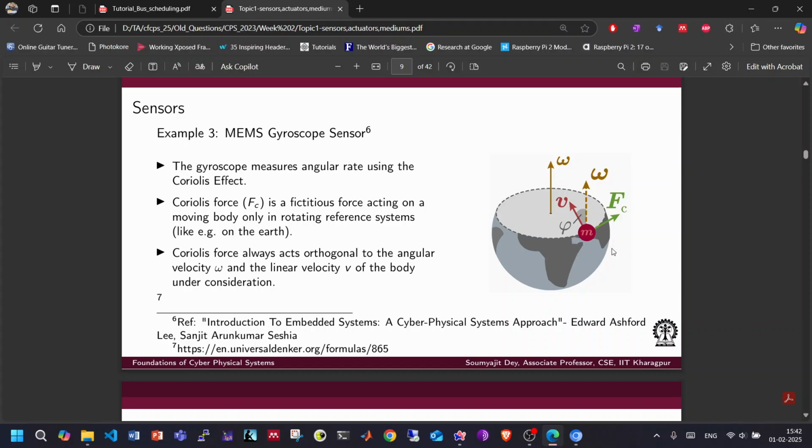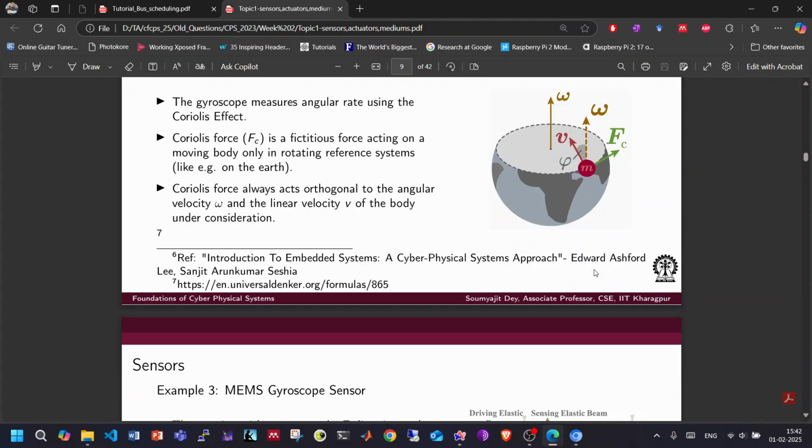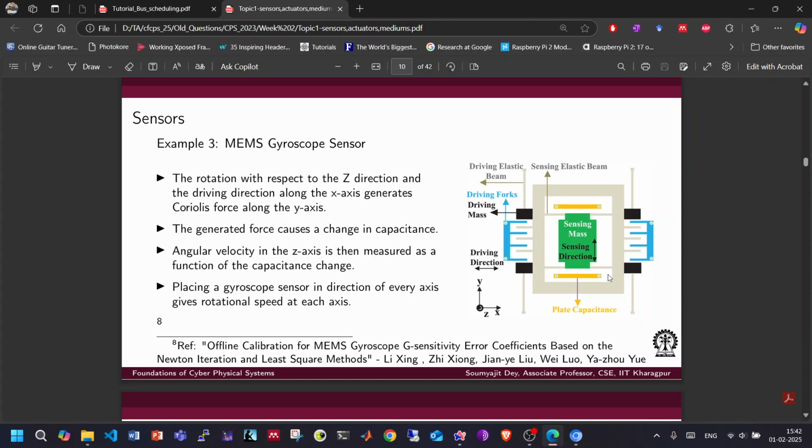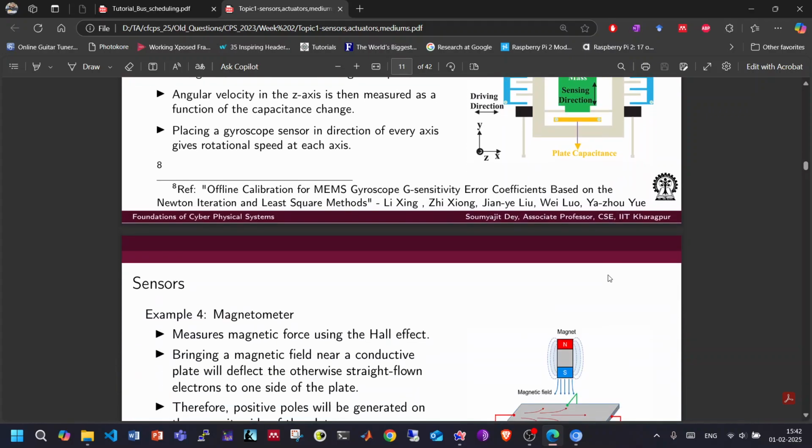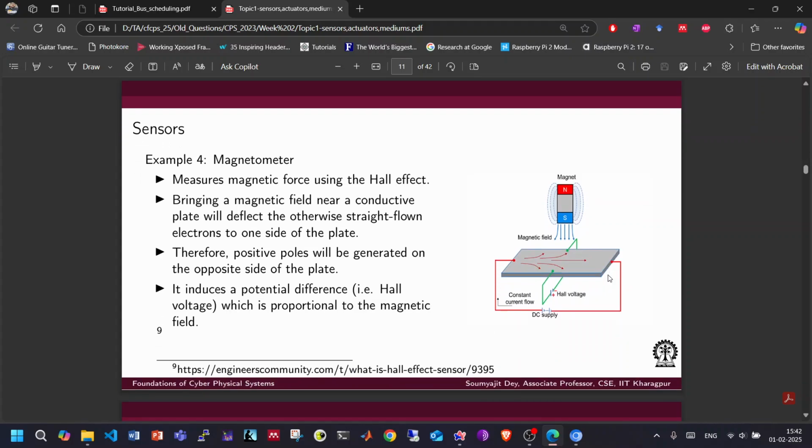Anyways, as I was saying, the gyroscope sensor is again measured with capacitance. Then Hall effect. A Hall effect sensor basically works like this: whenever a certain magnetic field is applied, you observe a certain potential difference, and you can measure that potential difference. If you can measure it, you can measure how much magnetic effect you are facing, and from that you know how much magnetic field is acting on you.